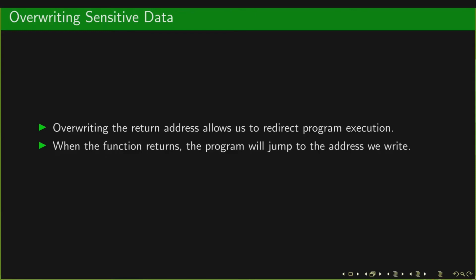This is interesting because if we overwrite the return address, we can redirect the program's execution. Remember, when the function returns, the program just jumps to whatever the return address says.